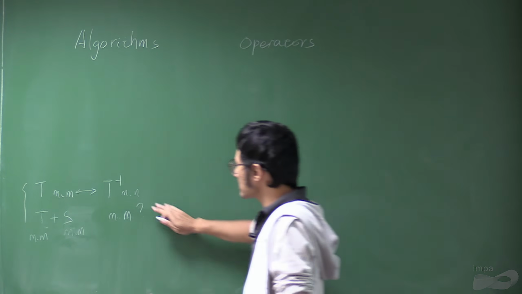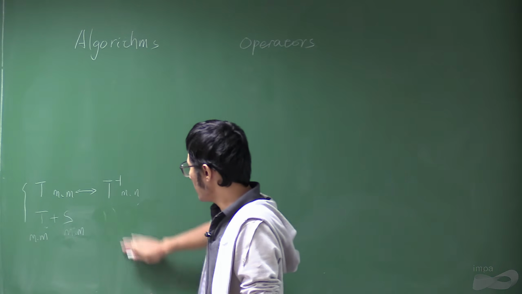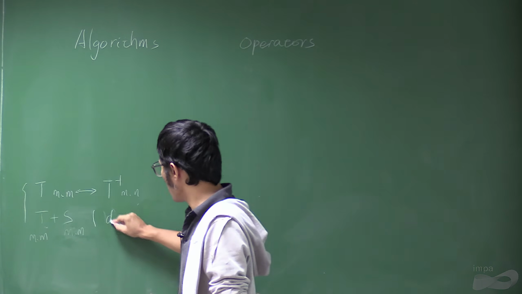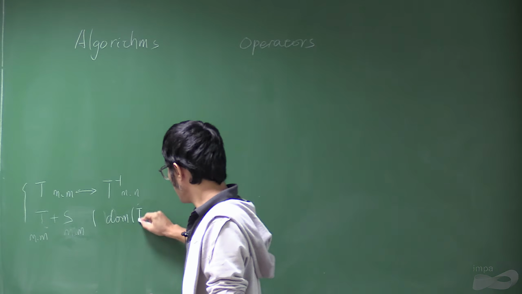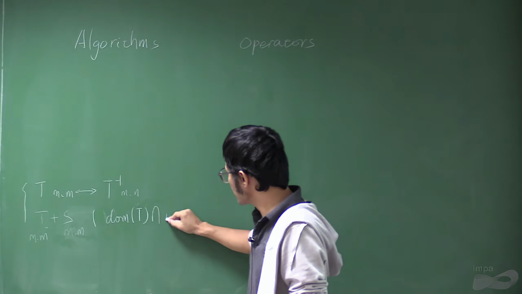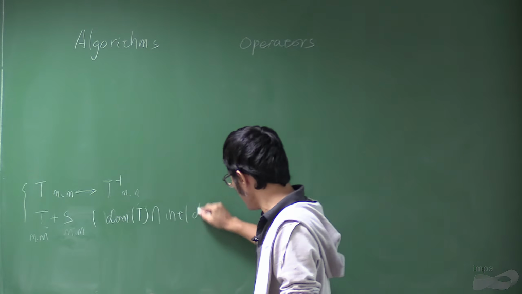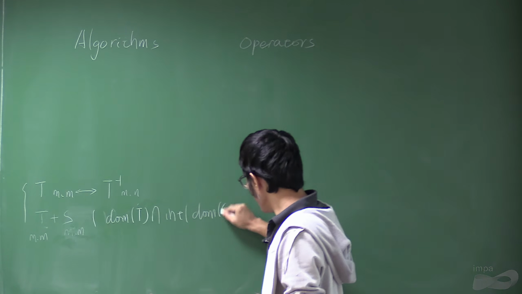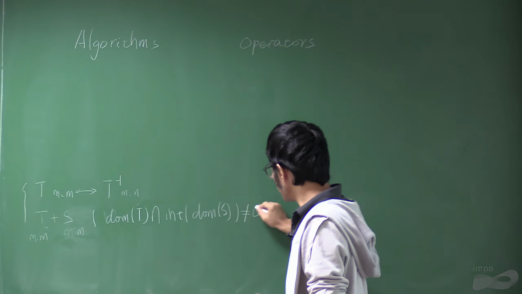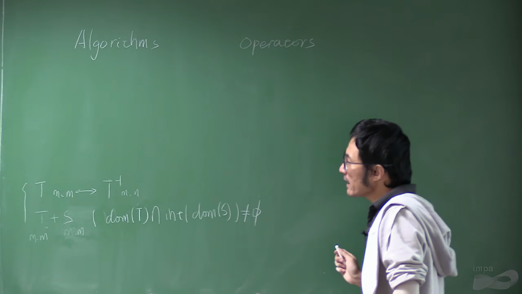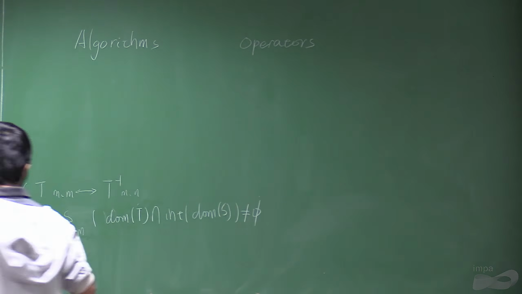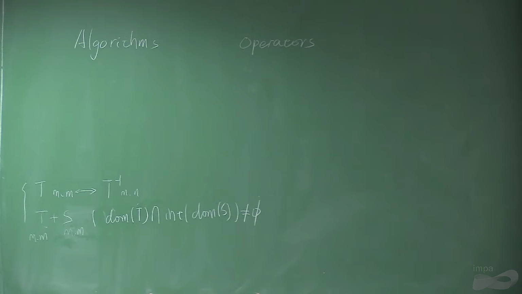It requires some assumptions. For example, if the domain of T intersected with the interior of the domain of S is not empty, then we can say that the summation of two maximal monotone operators is still maximal monotone.